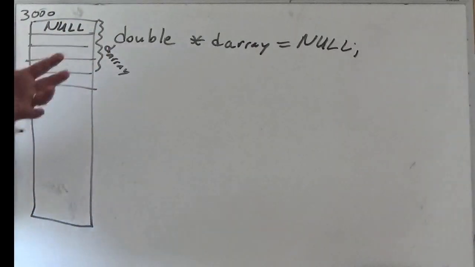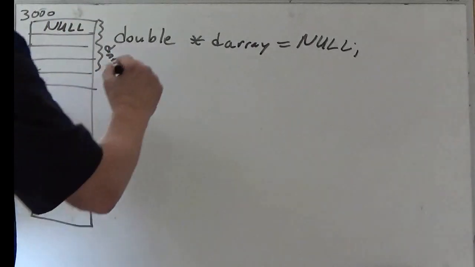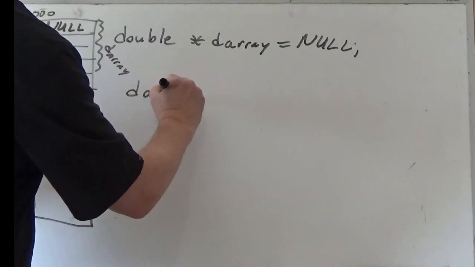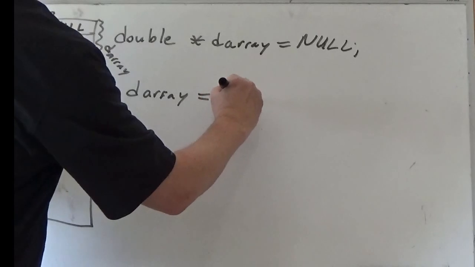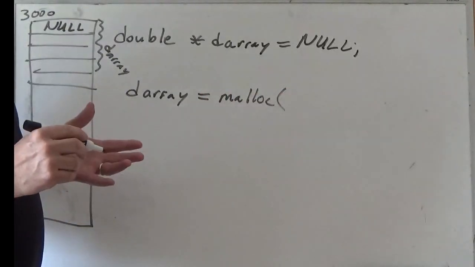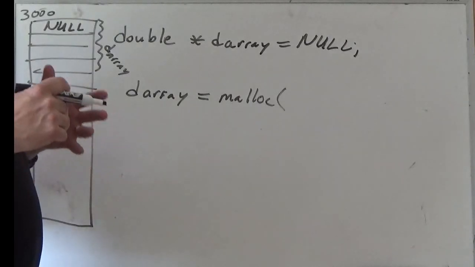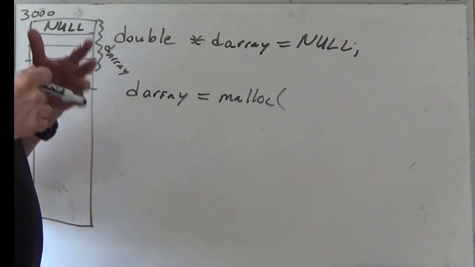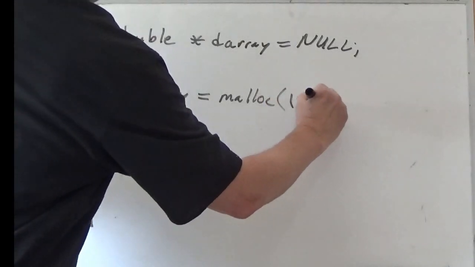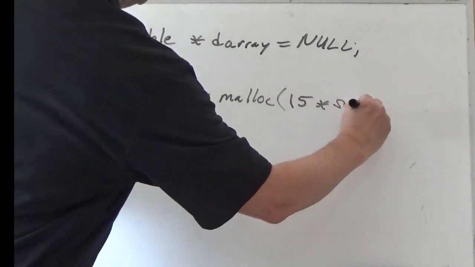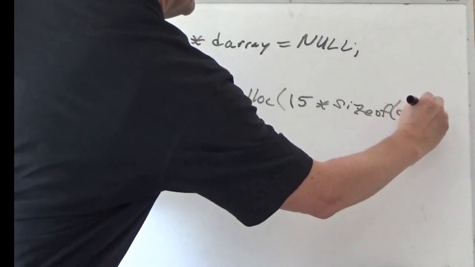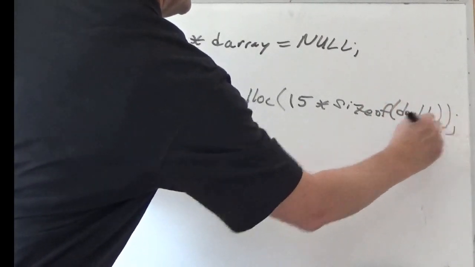So now we're going to do our call to malloc, and the way we do that is D array is equal to malloc. Now I said that we're going to try to allocate 15 doubles, so we would do something like 15 times sizeof double.